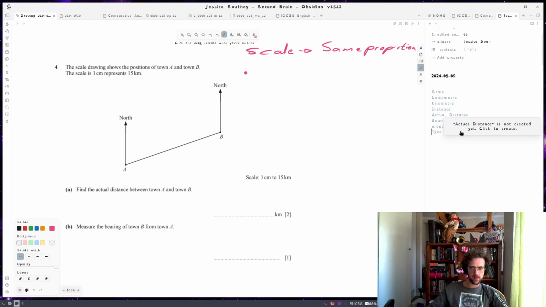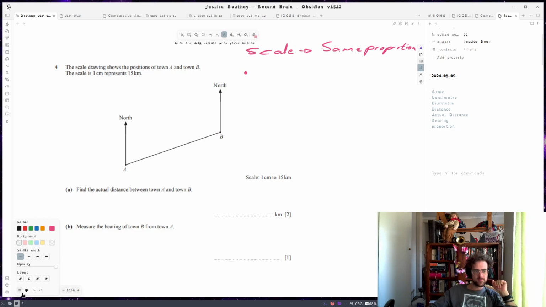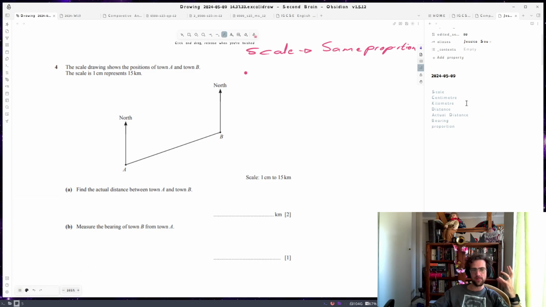Especially with this paper, the reason I'm starting with it is because the questions are super, super simple, but only if you know the terminology. So I'm using this paper as a springboard for teaching different terminology. Okay.